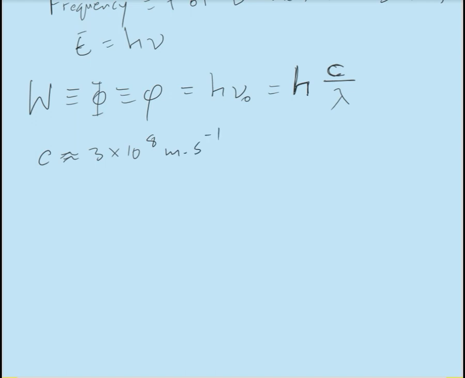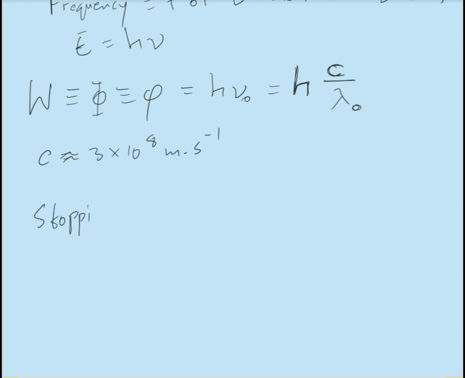So from the frequency you can calculate wavelength, and from wavelength you can calculate frequency. And in this case I'll put the subscript 0 here as well to say this is the cutoff or the threshold wavelength.